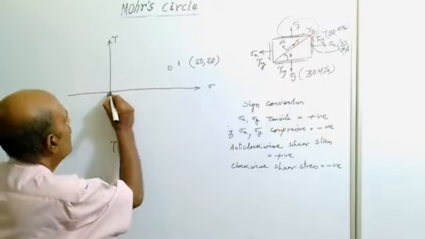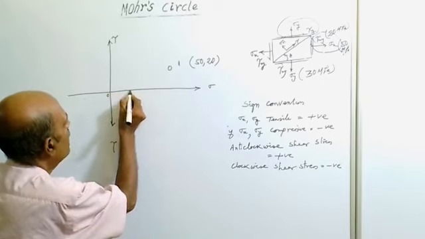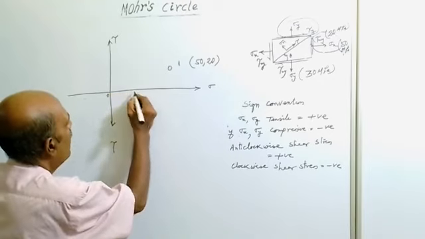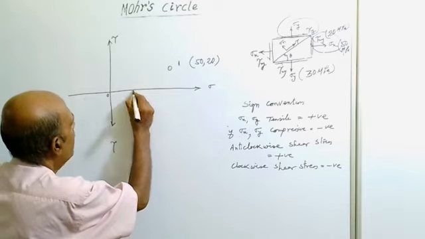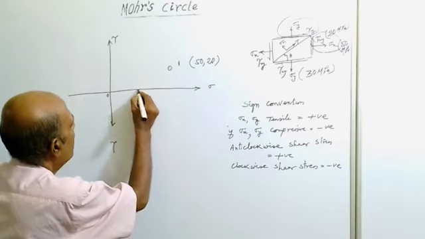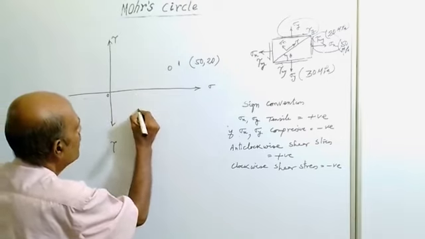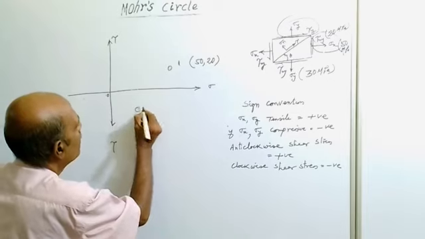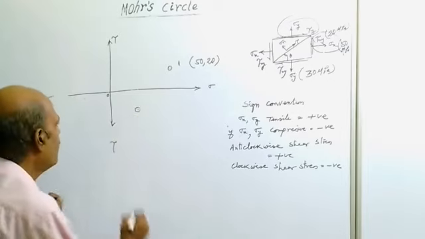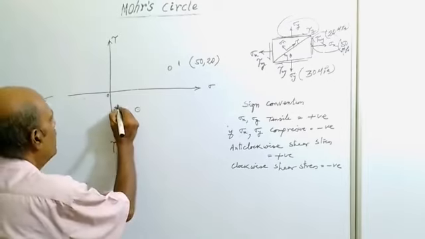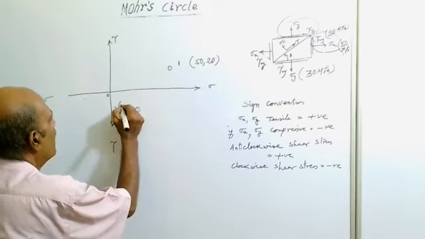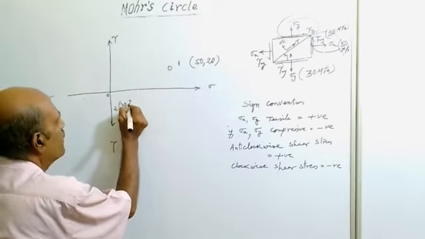So by using the same scale, say this one is 30 and say 30 is coming here, then 20 negative, so 20 you will get here. So we are getting point 2, that is 30, 20.